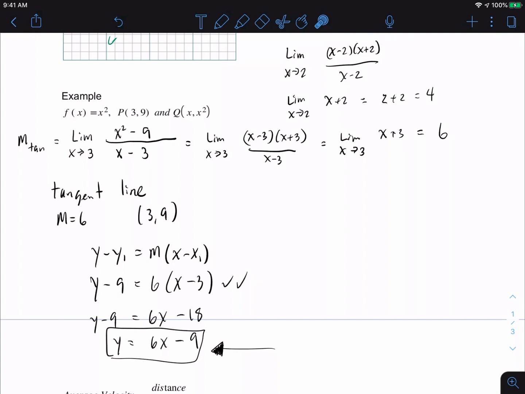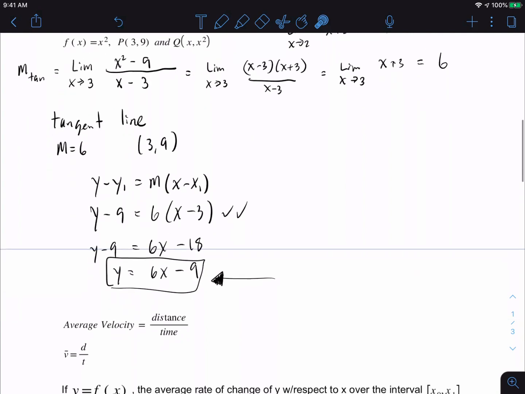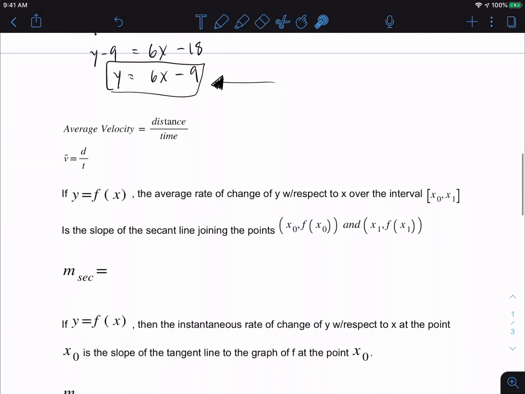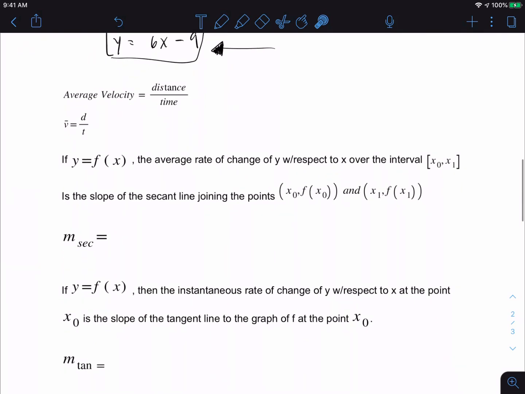Okay. Now, to point out some things for you that's important. Velocity, and this is the whole point to what we're doing here. The whole point of this is to point out the distinction between secant and tangent in terms of physics.